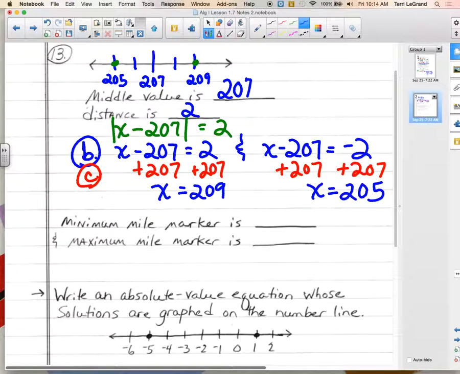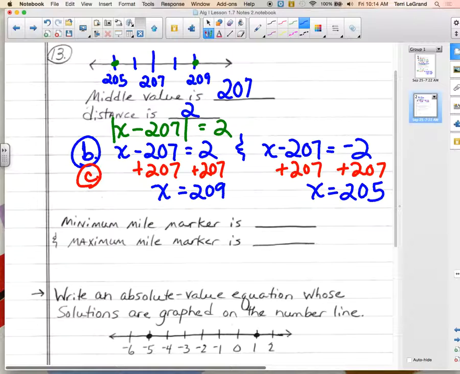Some of you are going to be able to come up with the answer because you'll be like, this is so easy, I can do it without the absolute value equation. And that's cool. But if they tell you you have to write and solve an absolute value equation to get the answers, then that's what you're getting assessed on. That's what they want to make sure you know how to do. So we did get what our graph showed us.